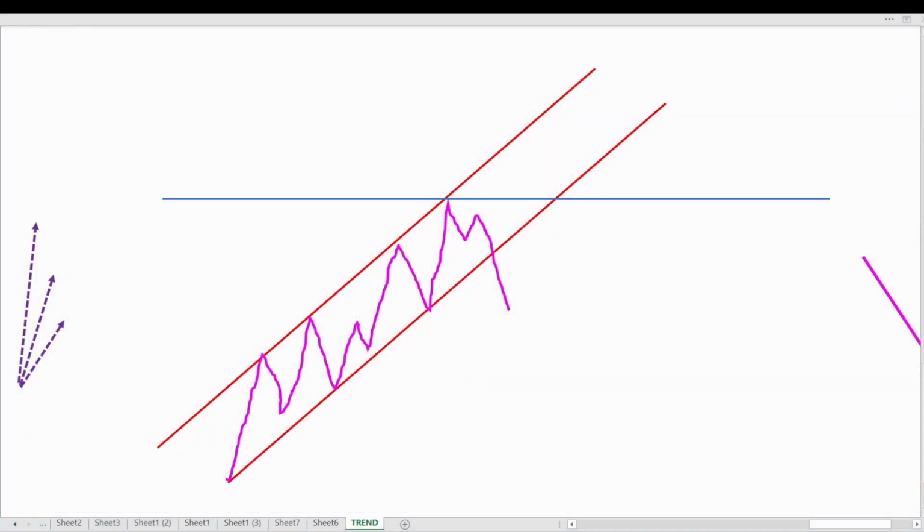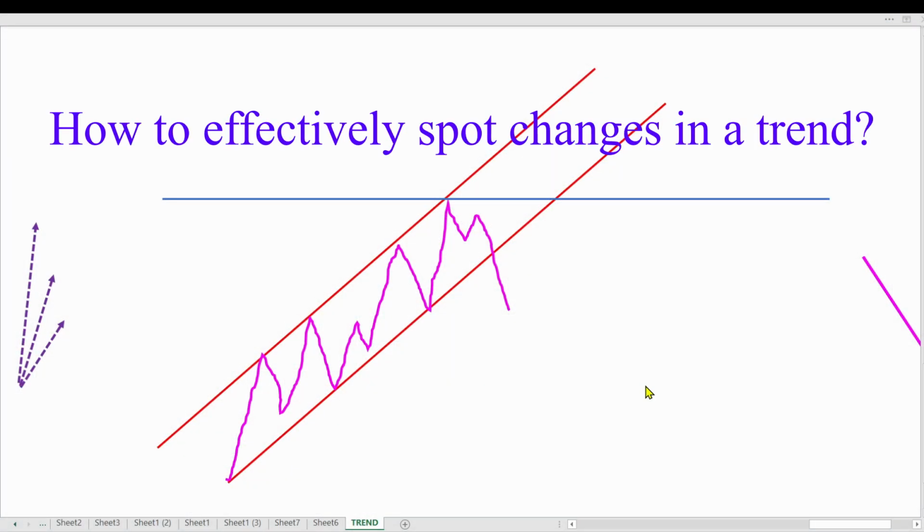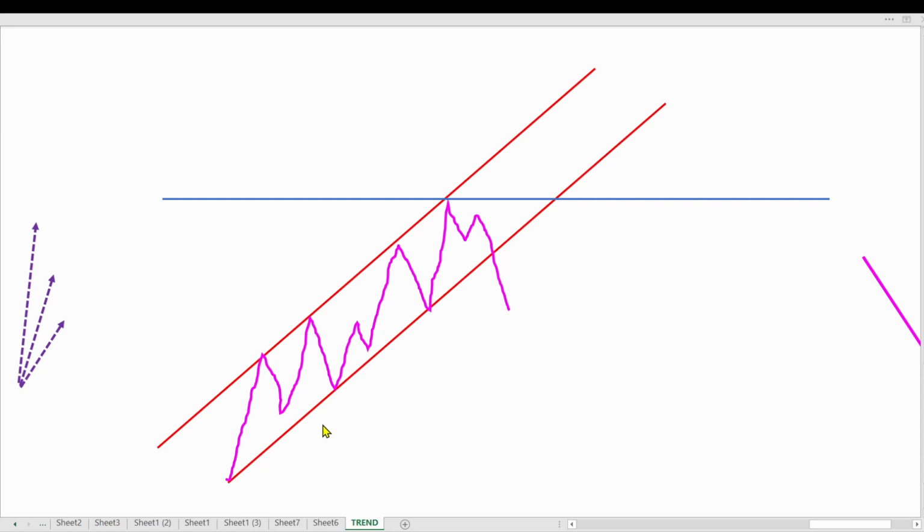Okay, the first thing to know that there's going to be a change in trend is, you have a price action here that's trending up. The first thing you have to do is draw a trend channel. It should be two parallel lines, and you have to verify that the channel is consolidated.